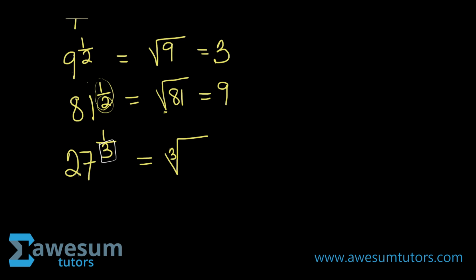Now cube root of the base, which is 27. And if you remember your cube root very well, it has to do with what number will you multiply by itself 3 times to give you 27. The answer is 3. Very good, guys. Let us look at one more. 64 raised to the power of 1 over 3.